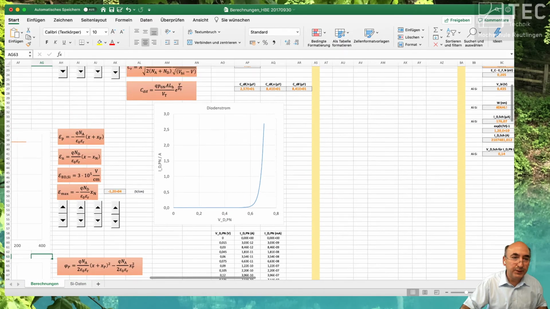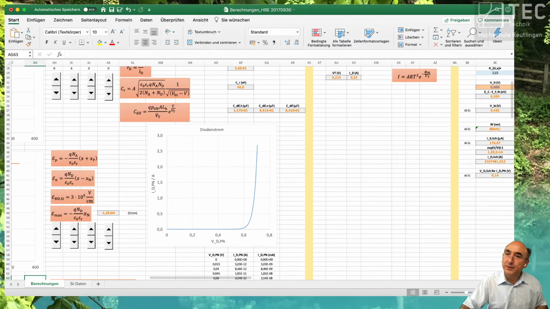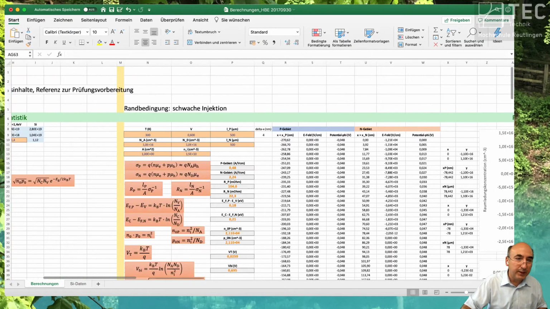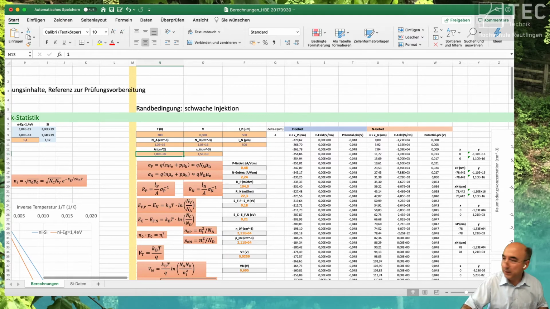I have plotted now the diode current, not the current density, but now the current. But how? What is the difference between density and the current? It's the area. So I have taken a 1 square centimeter diode.